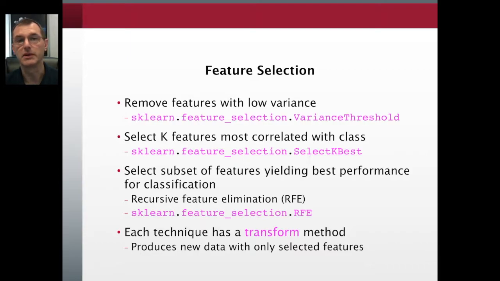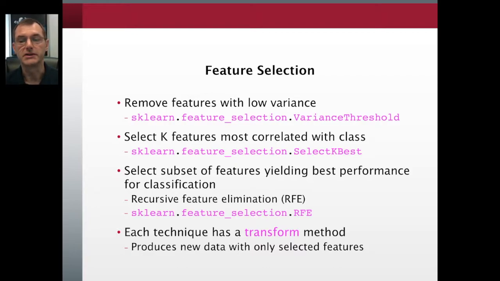In the extreme, if a feature value has no variance, in other words, it has the same value for every example, then it's not very useful to us at all, and we can remove it. So that's what this variance threshold technique does. You provide the threshold of variance such that you want every feature to have, at least in the minimum, and any features whose variance falls below that are then removed.